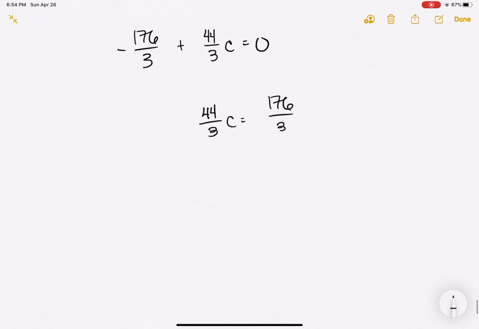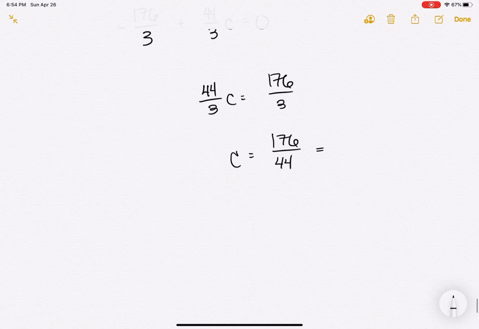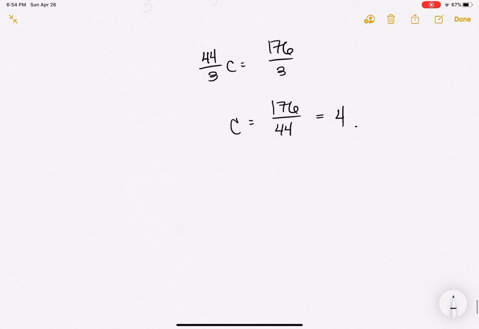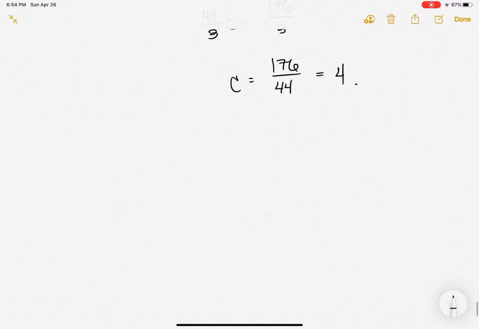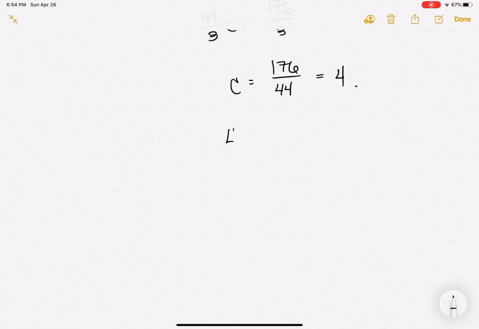You cancel the 9's and divide by 44, 176 over 44. Now, it might not look like this, but 176 over 44 is exactly 4. So there you go. I've chosen numbers that work again. And okay, so we say c equals 4, so 4 cubes.